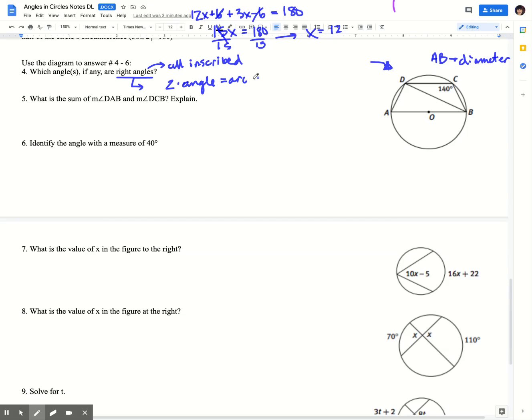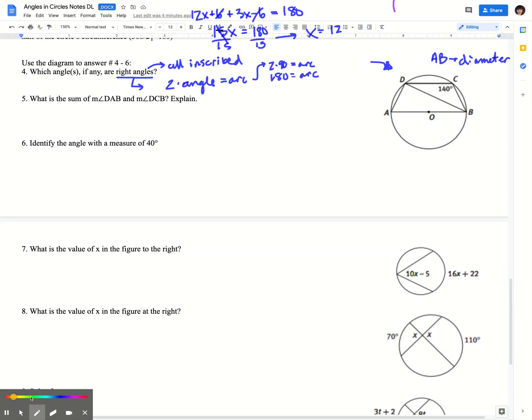So if my goal is to get right angles, 2 times 90 has to equal the arc. So the arc has to equal 180. So I need to look for one of these inscribed angles that intercepts an arc that's 180 degrees, or half of the circle.